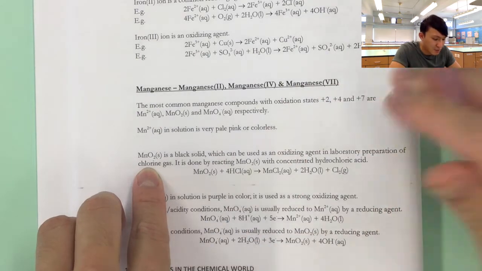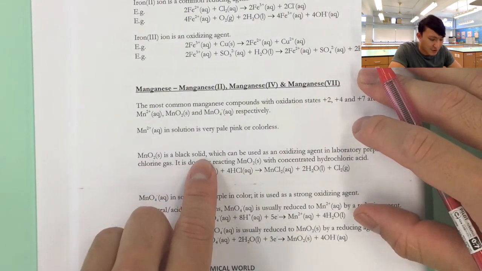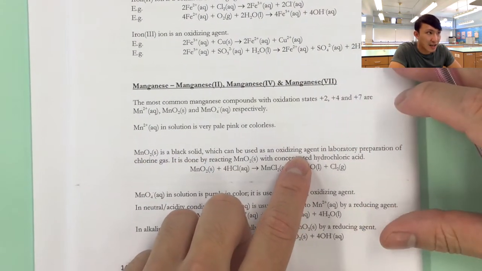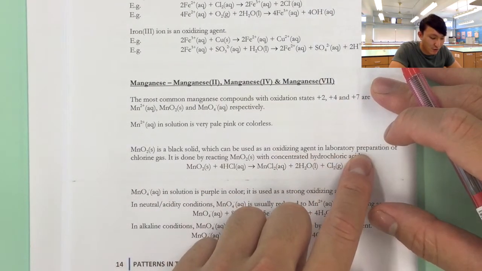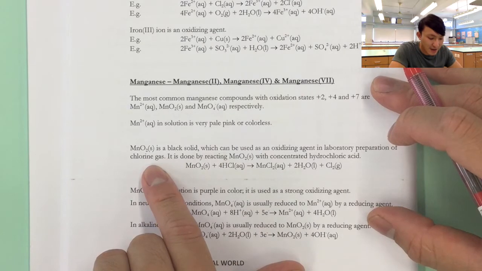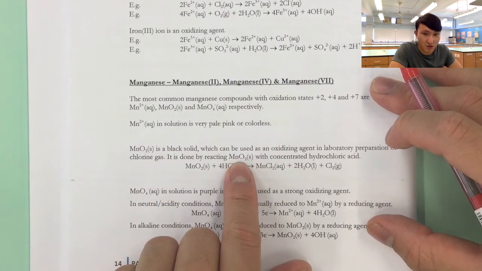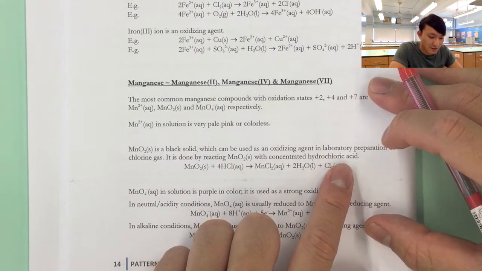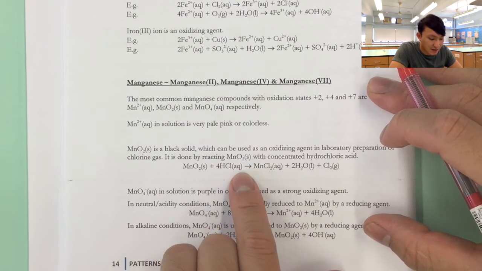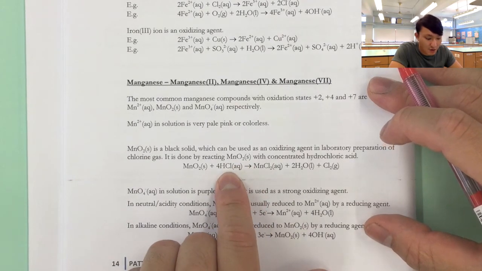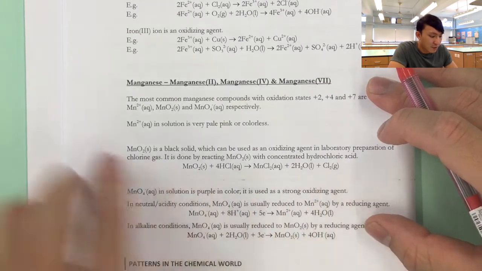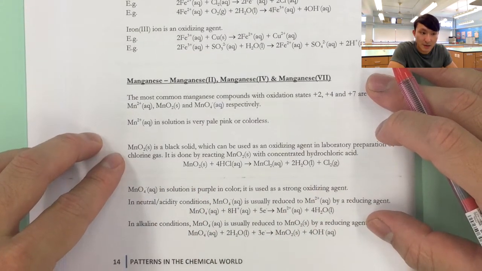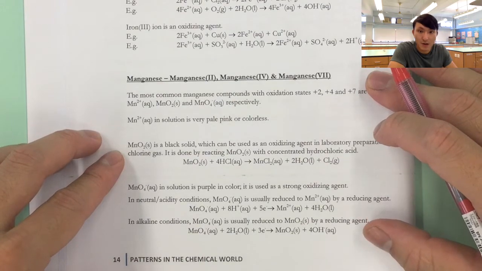Okay? Now MnO2 is a black solid. It is used as an oxidizing agent, not only in zinc carbon cell but also in laboratory preparation of chlorine gas. It is done by adding MnO2 into concentrated hydrochloric acid. Basically, this oxidizing agent is oxidizing the chloride ion in HCl into chlorine gas. Okay? MnO2 is also a catalyst to speed up the decomposition of hydrogen peroxide.